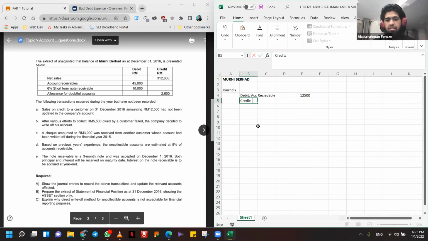When there's a credit sale, there are two basic entries: debit accounts receivable and credit sales revenue. Sometimes sales revenue is called net sales, sometimes just sales, but it all means the same thing. When the customer has paid, you debit cash and credit sales revenue. When it's on account, you debit accounts receivable and credit sales revenue. So that's what is happening. The company has merely not recorded that transaction at all. So 12,500.